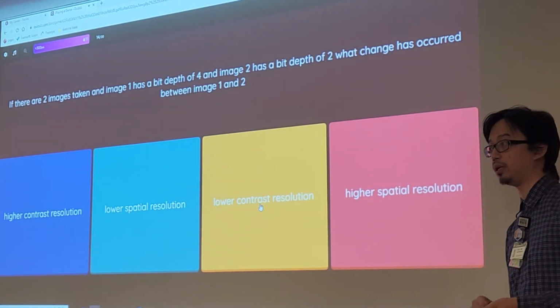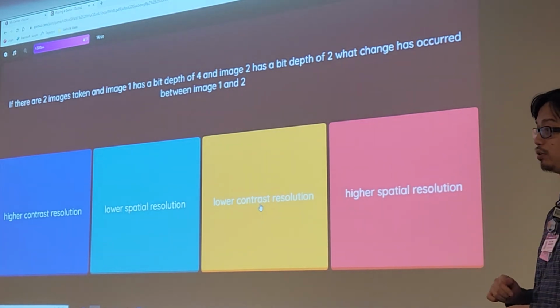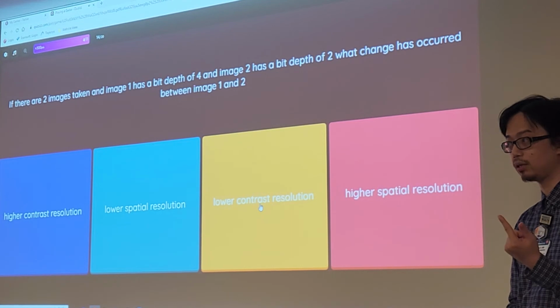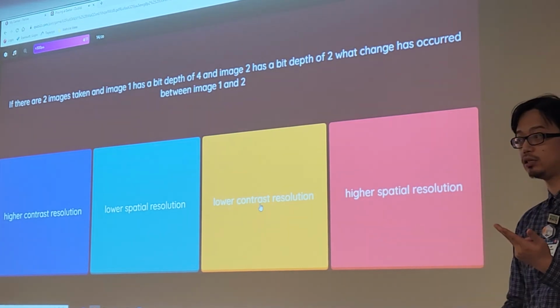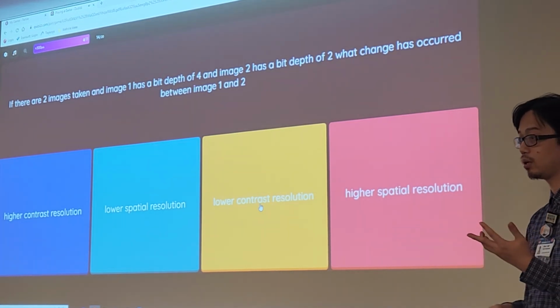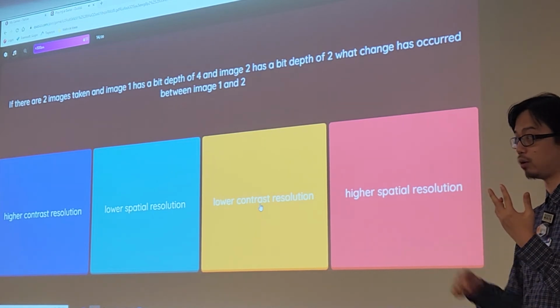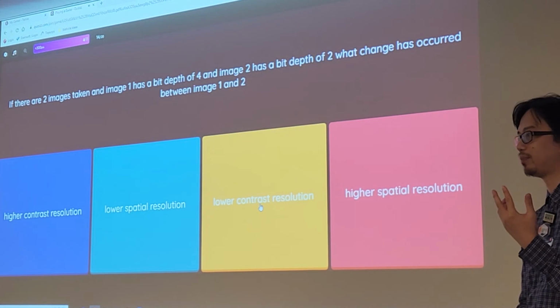However, inside the abdomen, what kind of tissue do you have? You have bone, muscles like your psoas muscles, soft tissue like your kidneys and your liver. What color will they be with your 1 bit depth? They'll all be white.